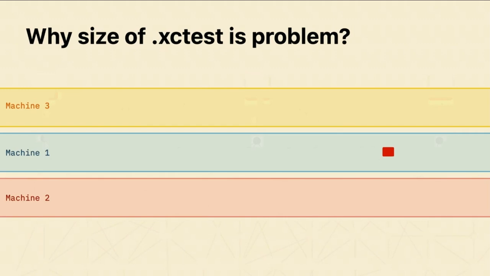So it's not a Bazel problem, to be fair. Bazel tries to run this as efficiently as possible. But the problem is having a lot of heavy test bundles with a small number of tests inside. So what actually happens is you have a few hundred megabytes of binary which has 20 or 30 tests, which is insane.